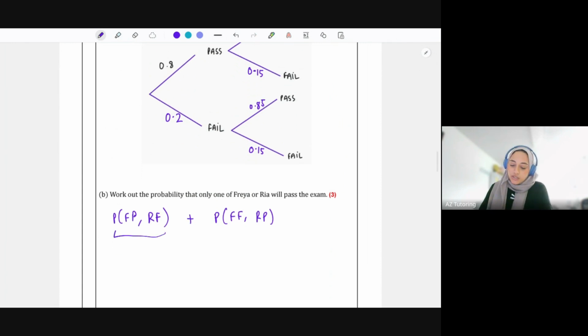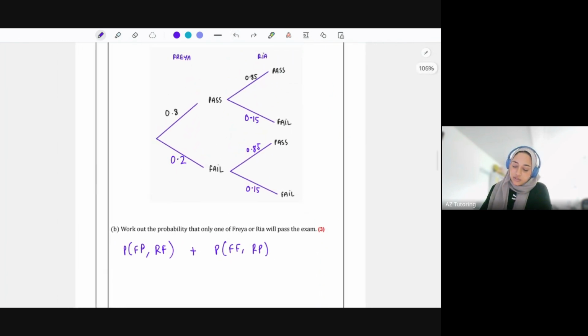So how do I work out each of these probabilities here? Remember, we just times across the tree diagram. So the probability that Freya will pass is 0.8 times Ria failing is 0.15 plus the probability that Freya fails is 0.2 times the probability that Ria will pass is 0.85.